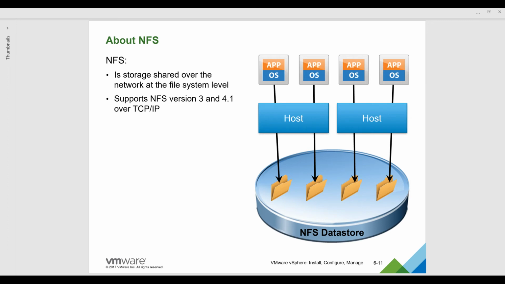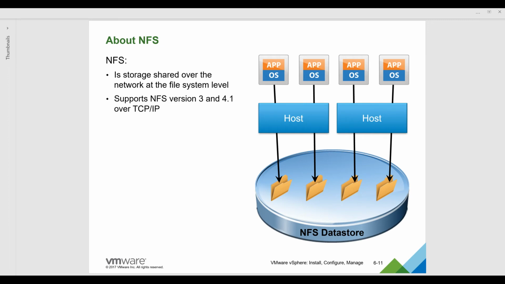NFS. NFS is storage that is shared over a network at the file system level. And it supports version 3 and 4.1 over a TCP/IP network. So NFS is basically, when you talk about shared over a network at the file system level, a file sharing protocol that ESXi hosts use to communicate with the NAS device.